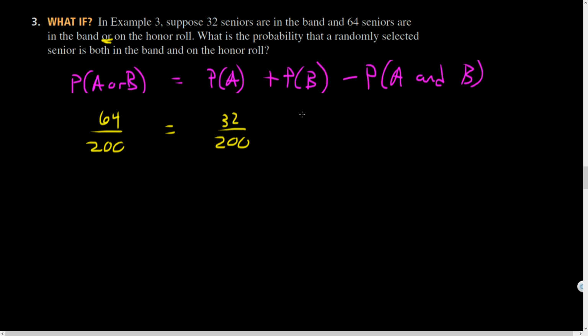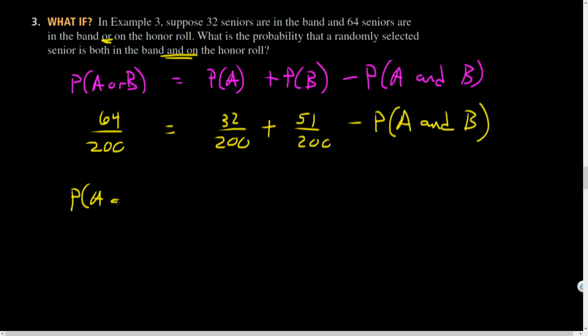And so 51 out of 200. And so what's the probability of the and logic? A senior that is both in band and on honor roll. And so I'm going to do 64, take away 32. Oh, this should be a plus sign. Subtract 32, subtract 51, opposite it. And I will get the probability of both at the same time.